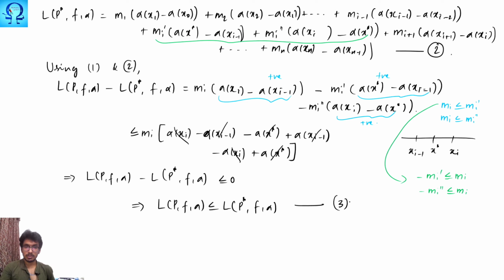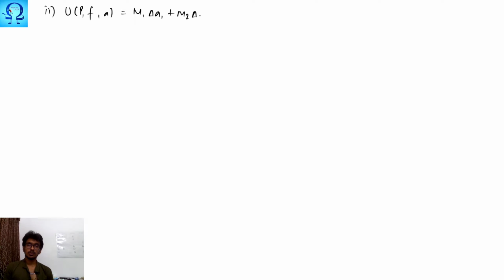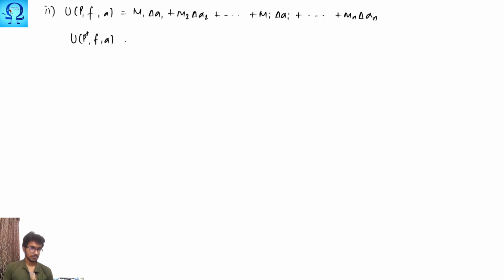The similar arguments have to be done for UPF alpha. Let us do that too. Your UPF alpha is M1 delta alpha 1 plus M2 delta alpha 2, this quantity plus Mi delta alpha i, and it goes till Mn delta alpha n. And UP star F alpha is what?